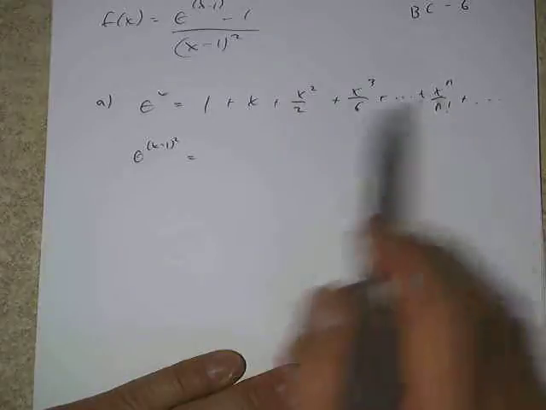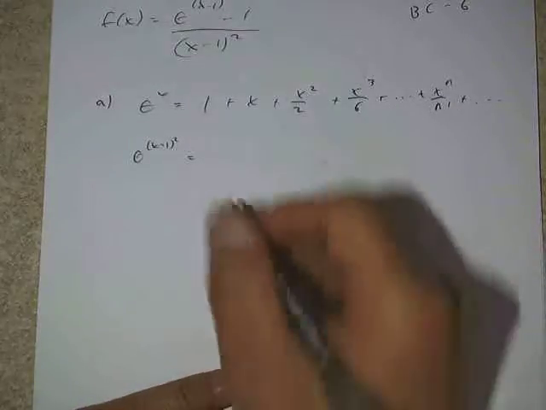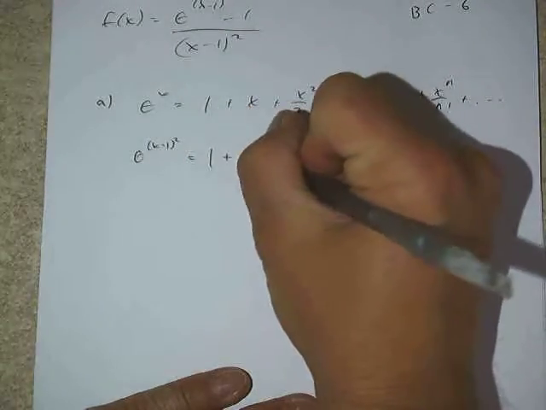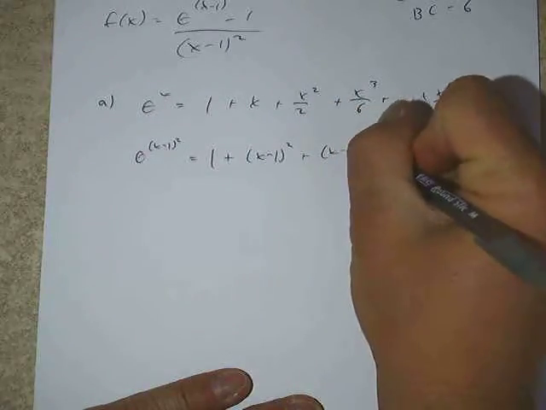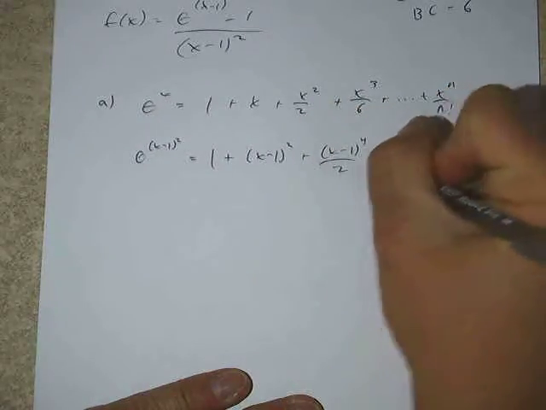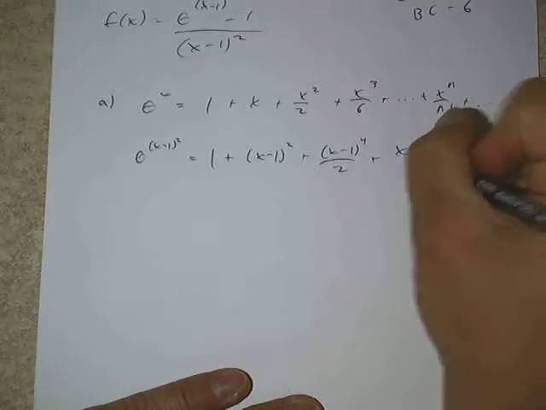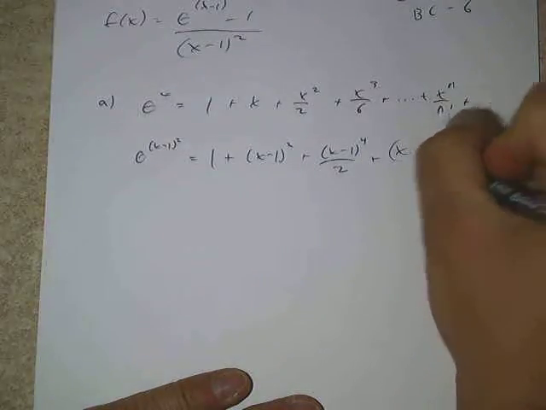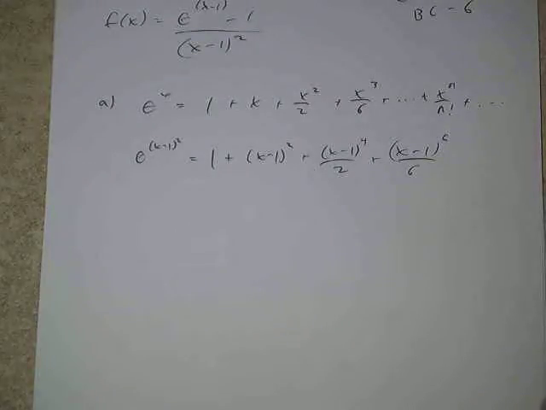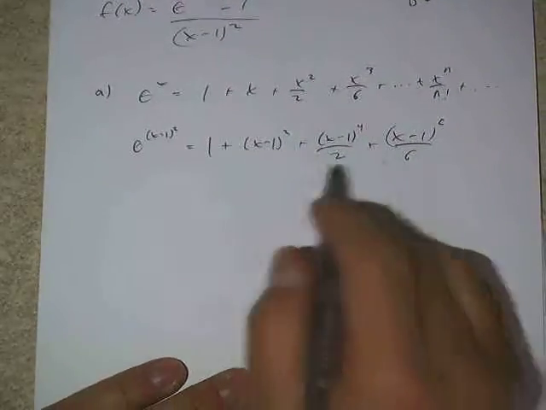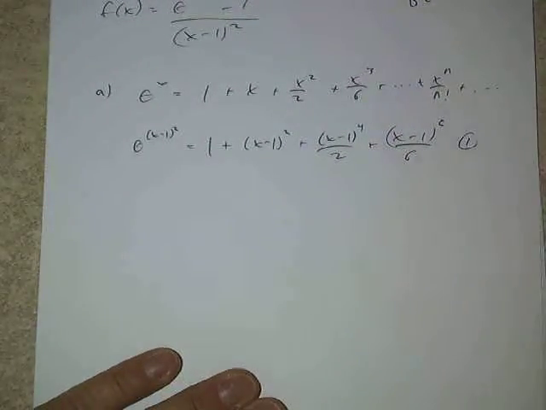So bottom line is we have a Maclaurin series for e to the x, which is 1 plus x plus x squared over 2 plus x cubed over 6, and so on. And if we're going to write one for this new function, e to the x minus 1 squared, we take our original as stated and replace the x with this.